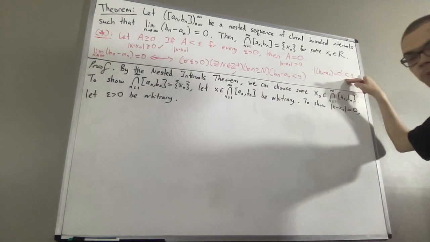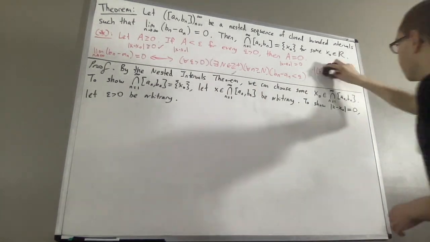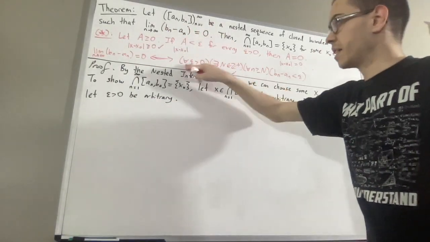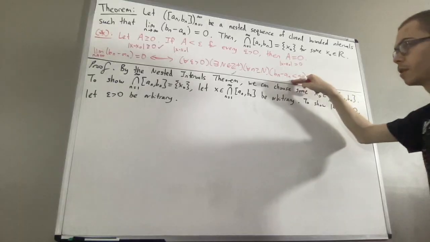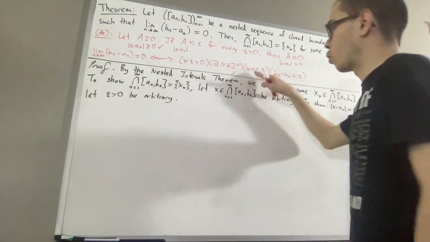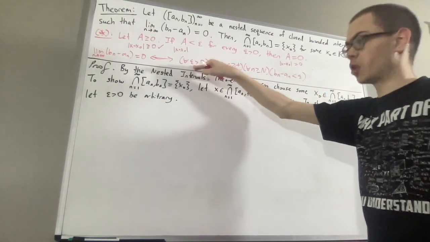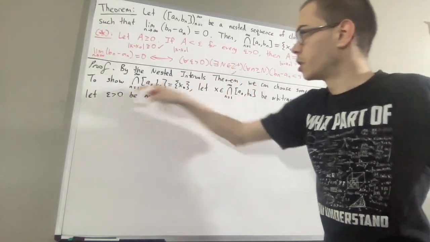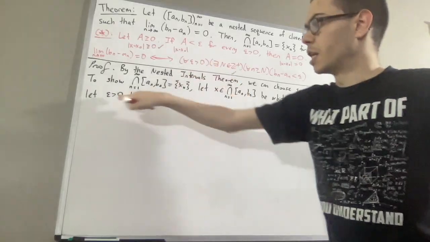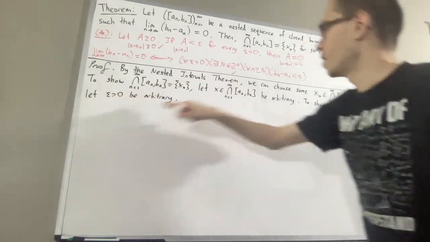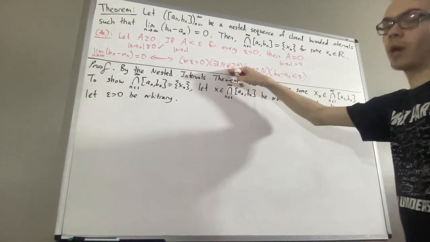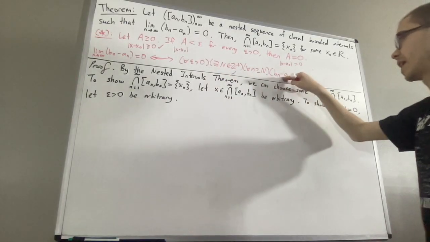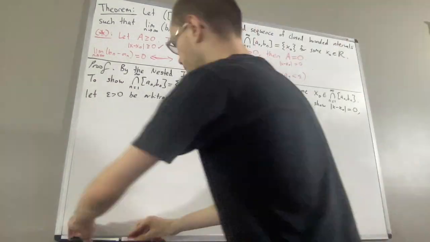So, because the limit of this sequence is equal to 0, this statement is true. This statement works for every positive number. So in particular, it must work for the positive number epsilon that we have in our proof. So taking this positive number to be the epsilon in our proof, there exists a positive integer capital N, such that for all n greater than or equal to capital N, bn minus an is less than epsilon.